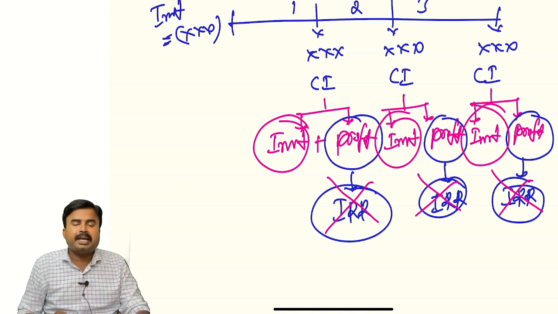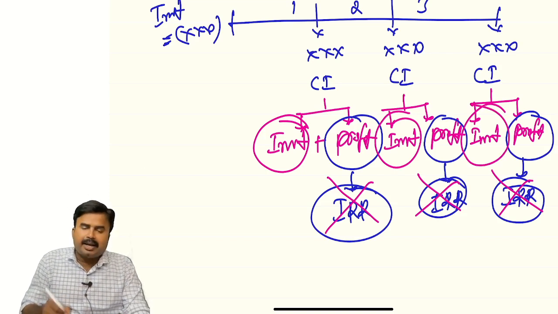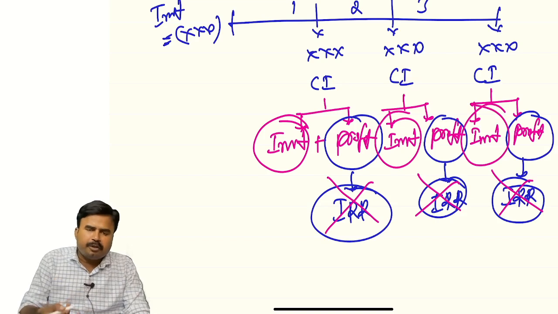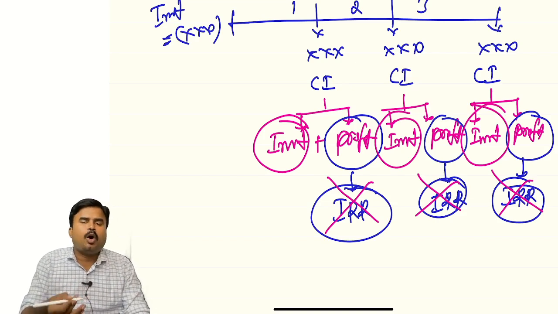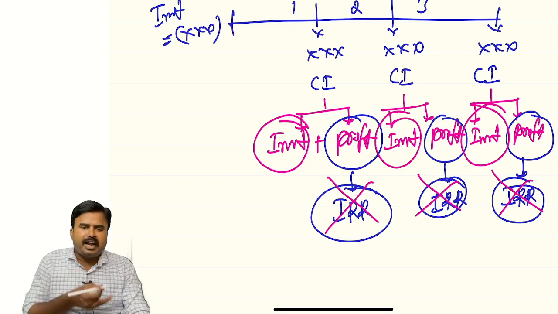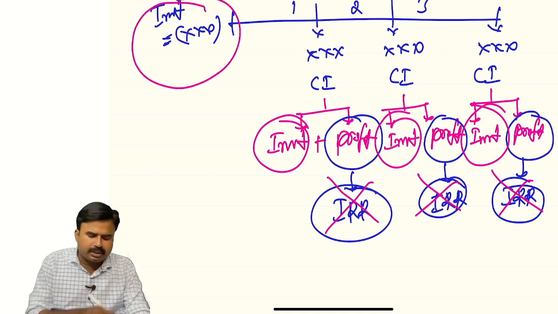Simply speaking, if I remove this IRR by discounting the future cash inflows at IRR, then automatically the present value of cash inflows should be equal to my investment.